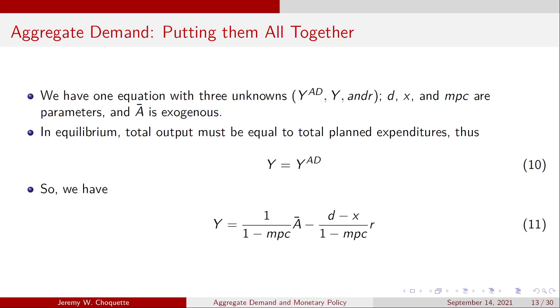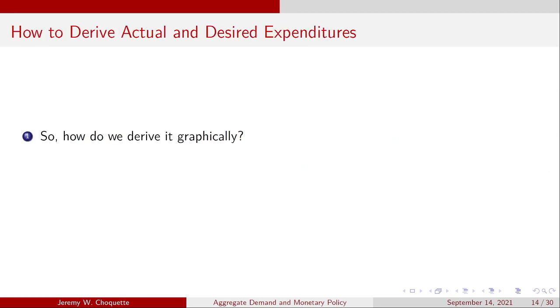Y equals 1 over 1 minus the marginal propensity to consume times A bar minus d minus x over 1 minus the marginal propensity to consume times r. Now this you're going to need to know. Equation 11 is important. Getting there, it's good to see in the lecture, but you need to be able to use equation 11.